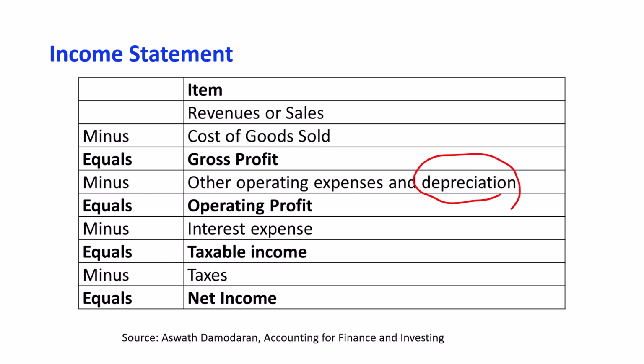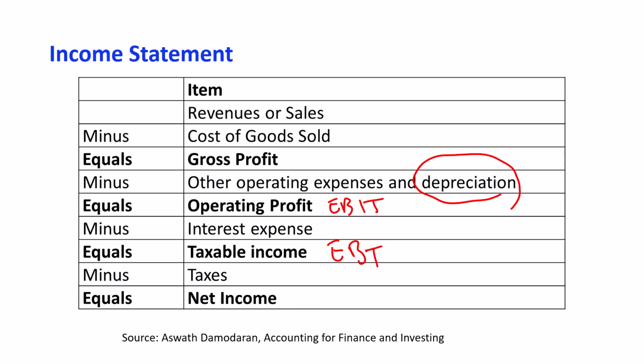We'll talk about it in a minute. Then you end up with your operating profit or earnings before interest and taxes. And then you subtract your interest expense. Next, you end up with earnings before taxes or your taxable income. Then you subtract tax and end up with the net income.